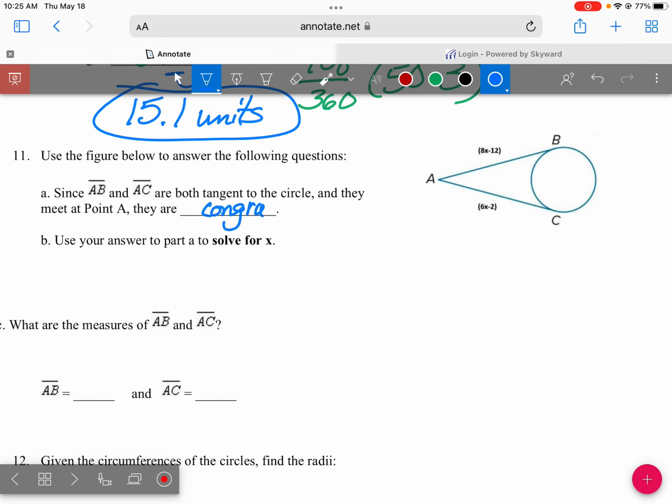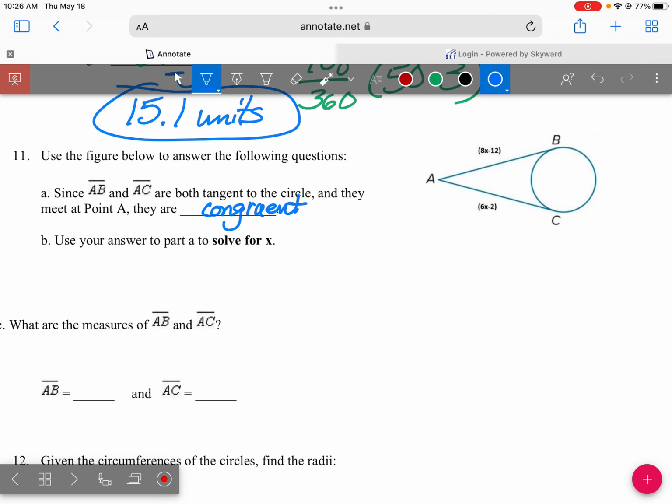Why do we use the word congruent instead of equal? Measures are equal, but when we talk about line segments and arcs, they are congruent. So numbers are equal, but line segments, arcs, things like that are congruent.